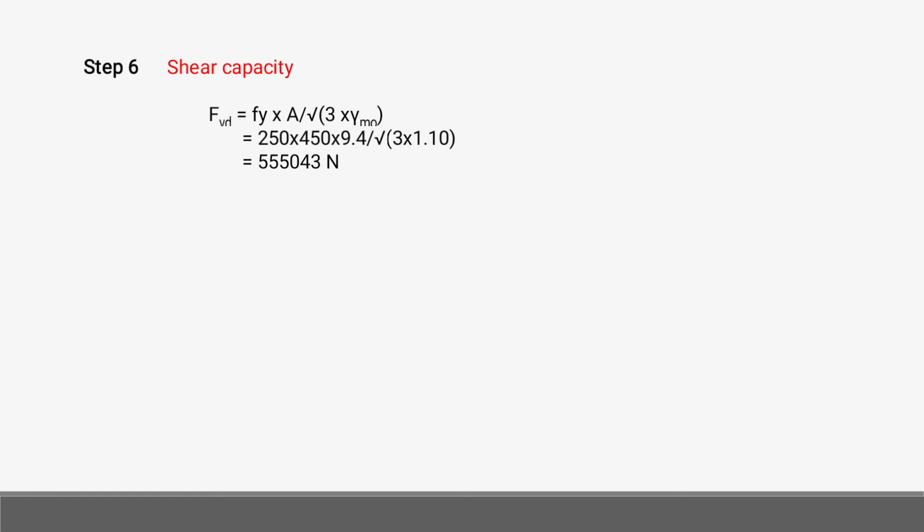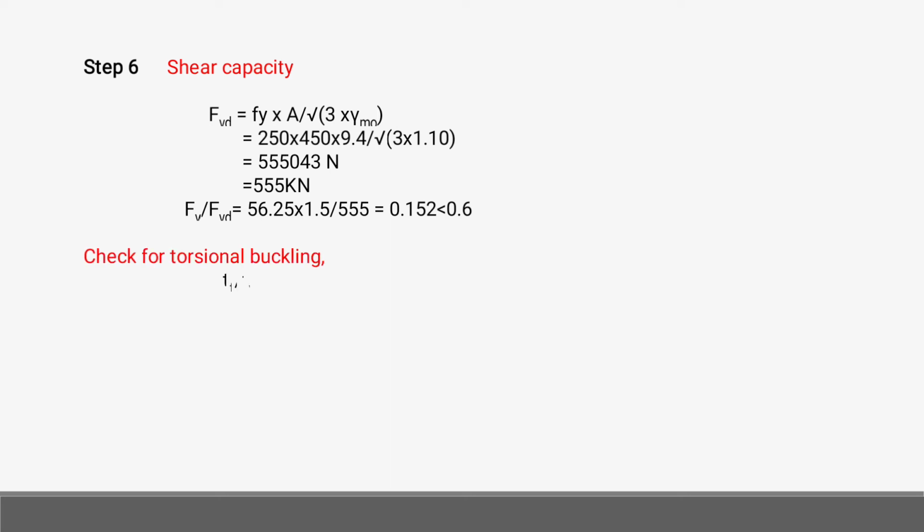This gives 555 kilonewton. So the ratio is 56.25 into 1.55 divided by 555, which is 0.152, less than 0.6.